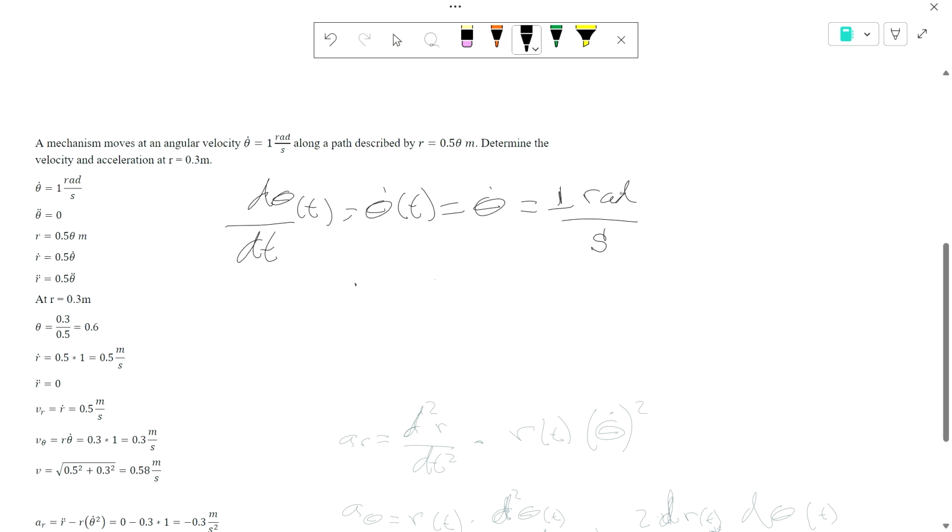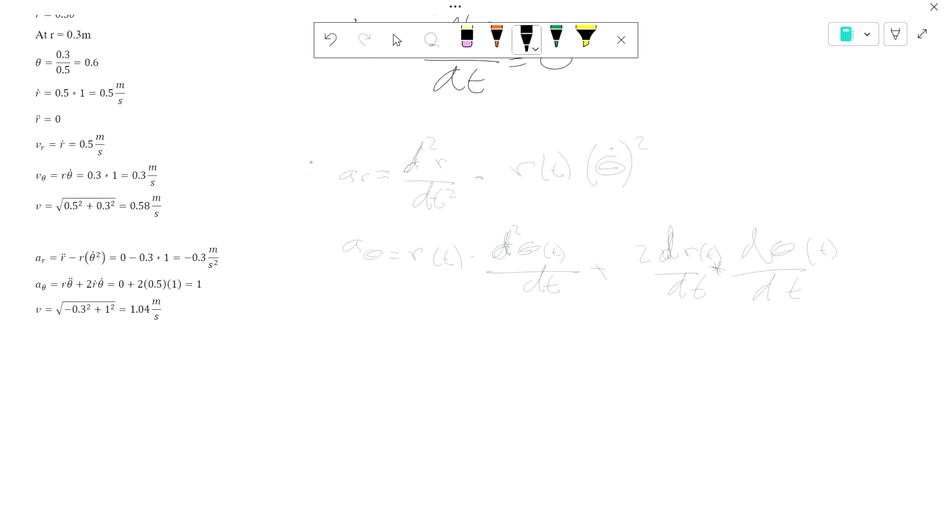So it's not very fast. It's moving in a circular path, some type of path. So the second derivative of a number is 0. We already have this and that, which we will need for the equations right here.